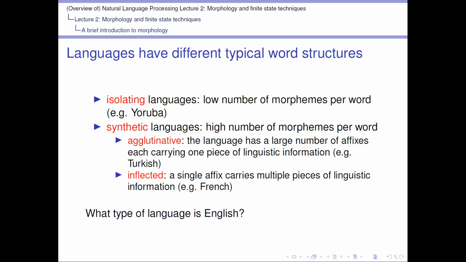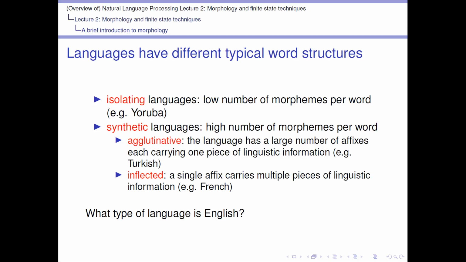Inflected languages carry that information in a single unit. So for example, if you think back to your study of French or Spanish or whatever you did at school, if you think of the ending, say, for plural you on a verb as opposed to singular, then you've just got one ending. And the fact that it's plural and second person is embedded in just that one ending, as opposed to the singular second person.